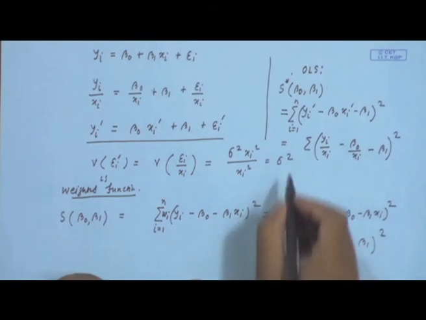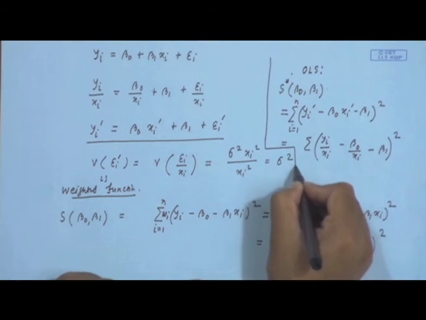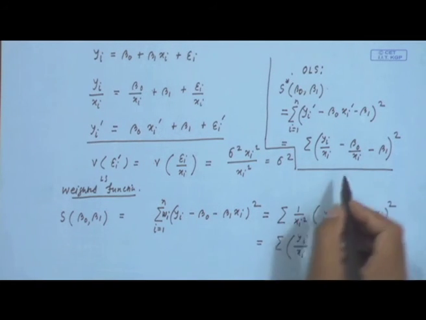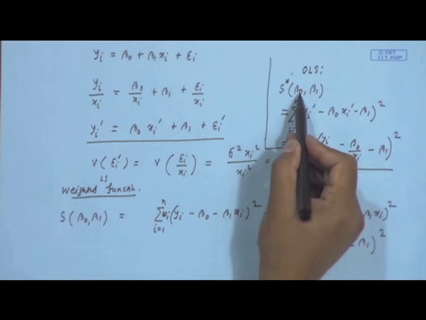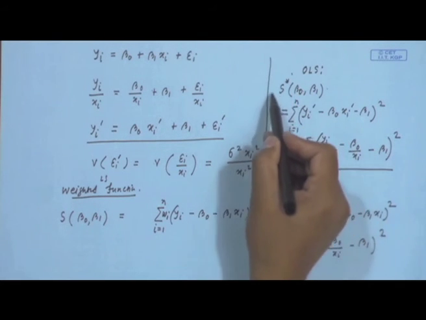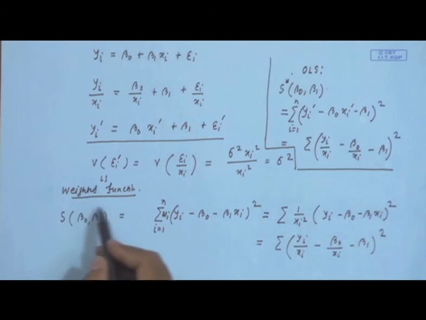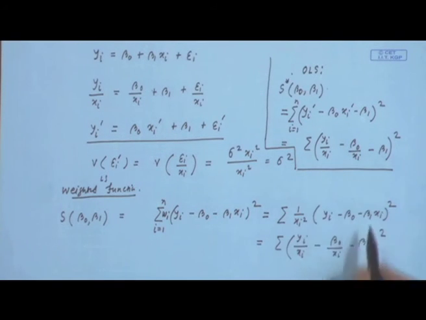So, we are minimizing this. Now, we can see that this is the least square function for the ordinary least square, and this is the weighted least square function for the weighted least square. Now, you can see that both are same. This one is same as this one.